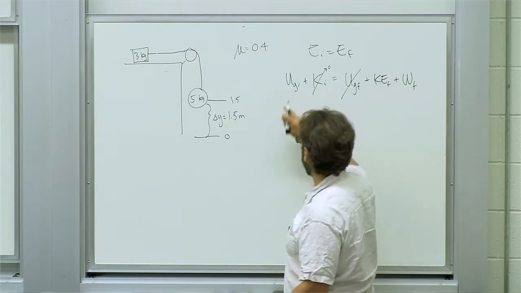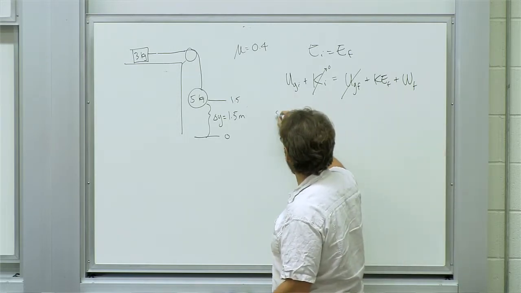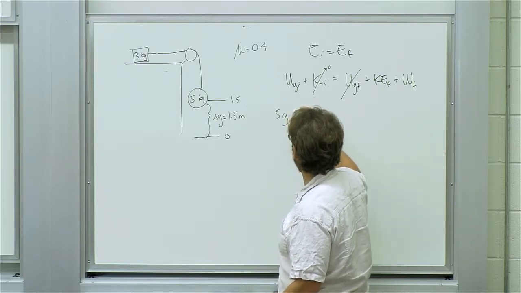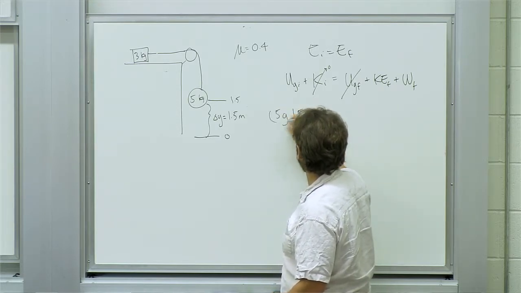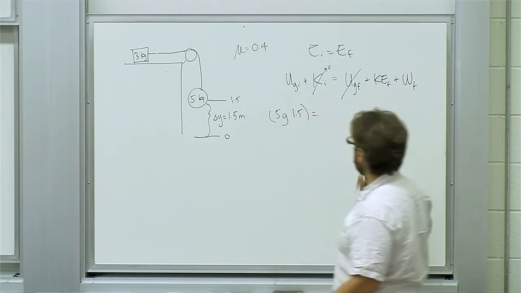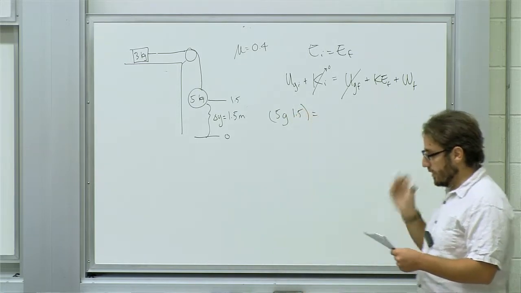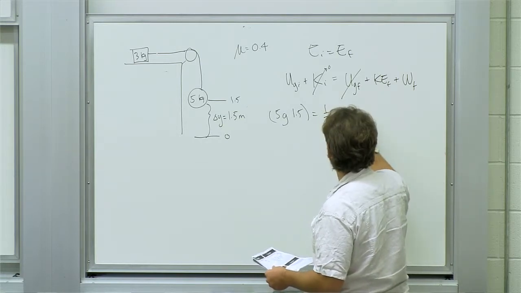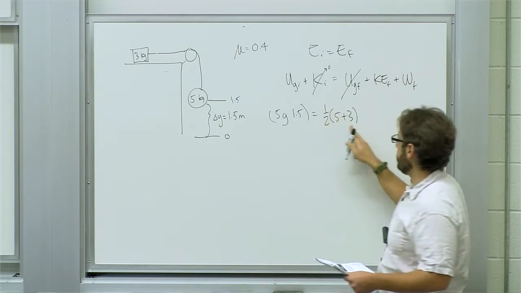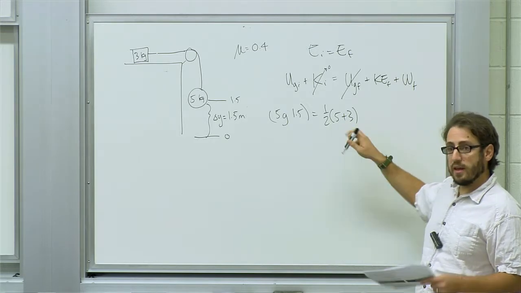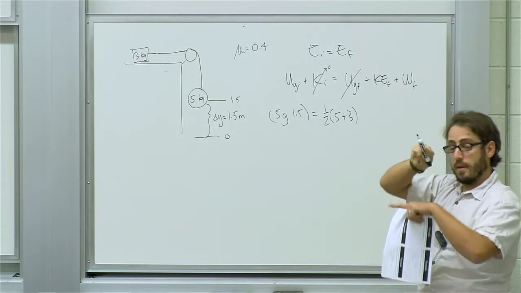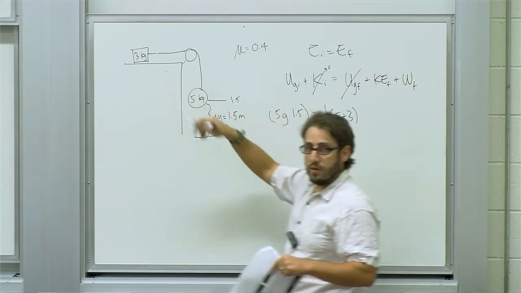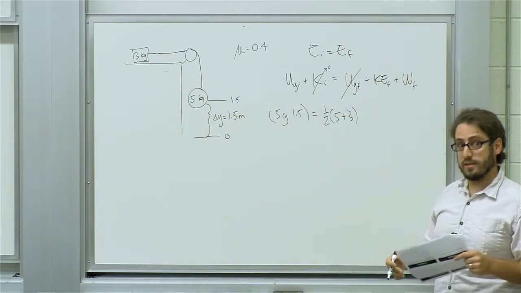Okay, but this one is just the 5 guy, so this is 5 times g times 1.5 over here, right? And then the kinetic energy here we write as 1/2 (5 plus 3) v squared, right? This is the mass. We're talking about the kinetic energy of the combined system. They both have kinetic energy. Even though one's hanging and one's sitting on the table, they have the same velocity because they're connected by a rope.